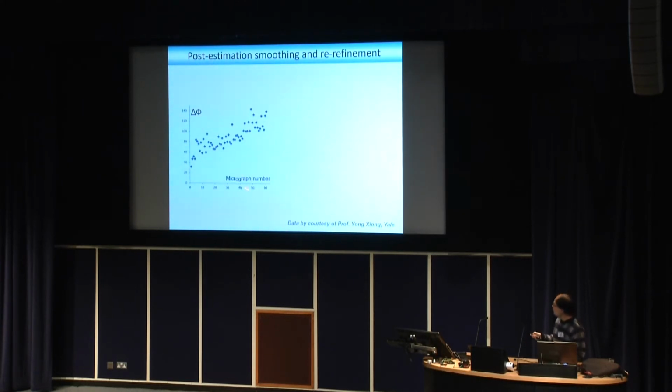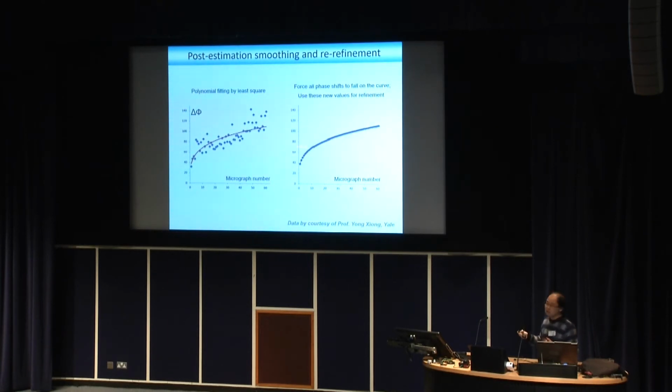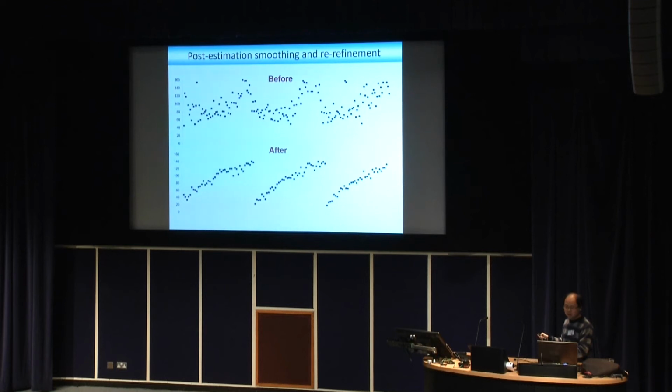And I got a data set from Professor Yun Xiong from Yale University and tried to estimate the phase shift. And it seems that there is a very big error. And then what I suggest is trying to smooth the phase shift by fitting, like, a polynomial by the least square method, and then use the smoothed phase shift to refine it again. And then you can see before the smoothing and after, the phase shift seems much better.